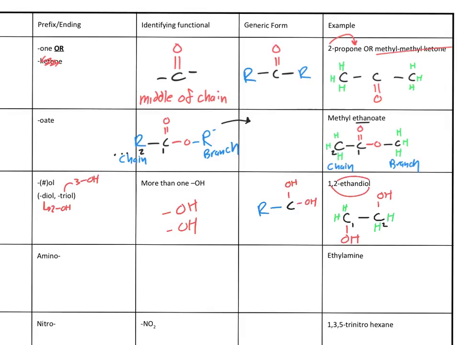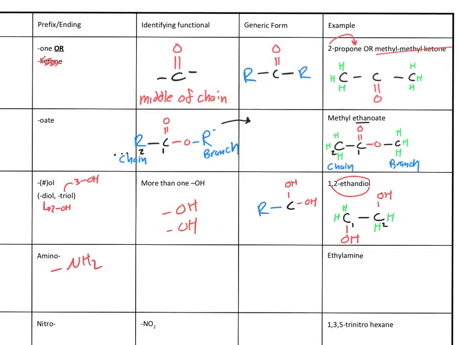The next one that you're going to be responsible for understanding is something called amino. It's an amino group, or it ends with INE. So in this case, the amino group would be NH2. When you've heard of things called amino acids, like in biology, there's some type of hydrocarbon that has an NH2 or multiple NH2s attached to it.